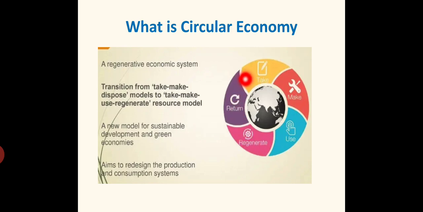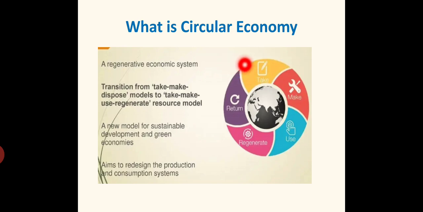The next step is return, and it is returned to the cycle itself, so that it will be a closed loop. You can see return means return as a raw material. So instead of going as a waste product, it is completely returned into the cycle itself as a raw material. So it is added to the take process in the cycle.